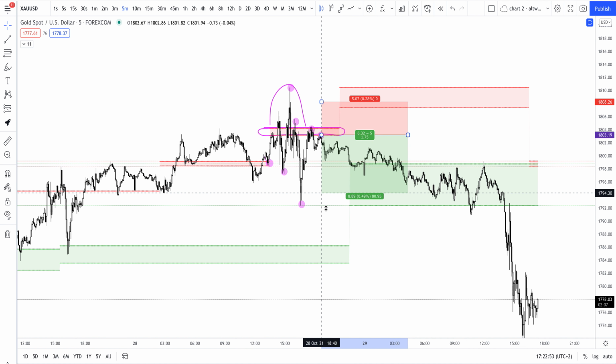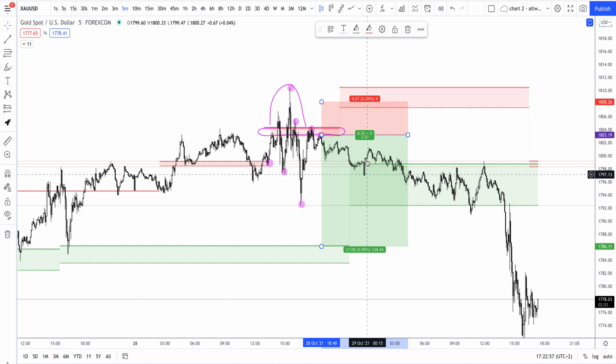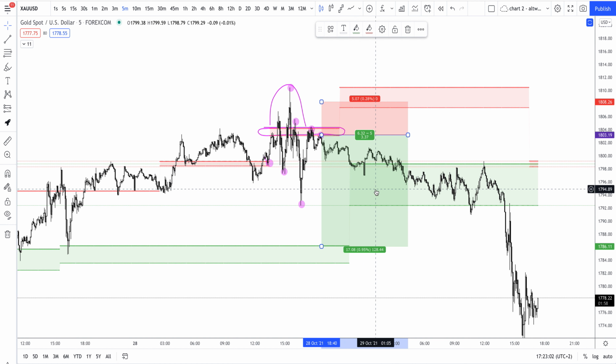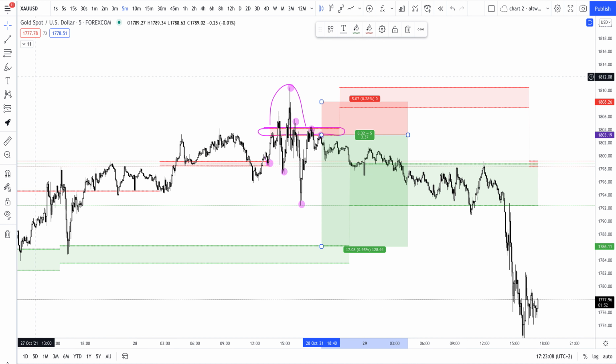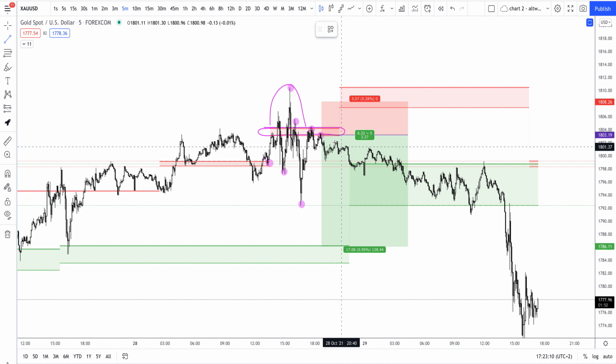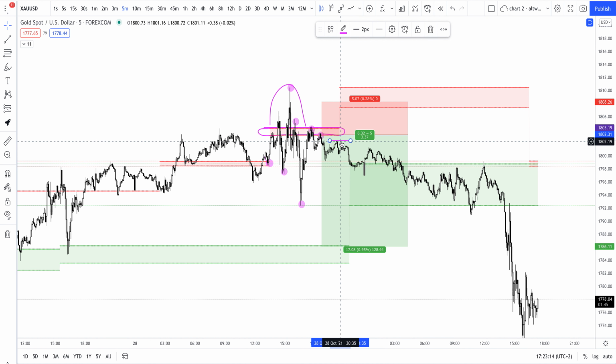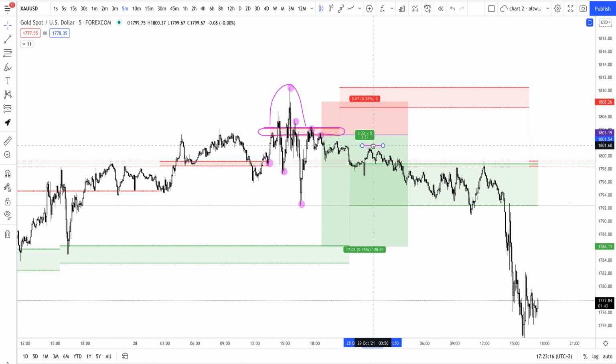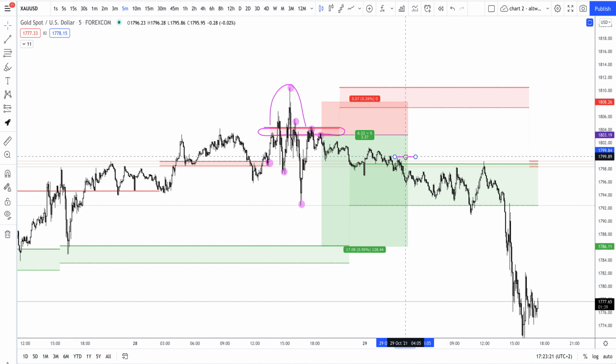You have this as the initial target, then it can become this when you see this demand appearing, and you can just use a trailing stop. Every time you move your stop loss first to this high, then a new, lower high, so you move down, and down, and down. This is a trailing stop.